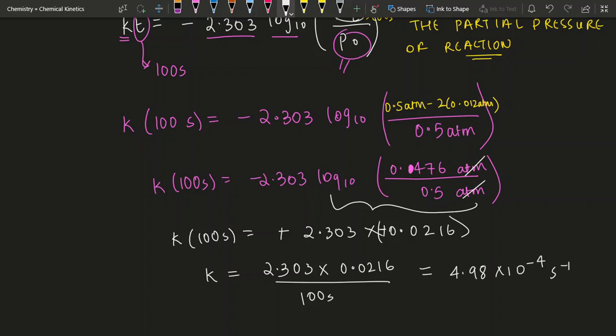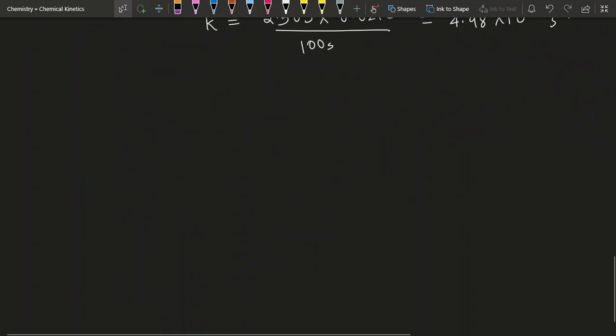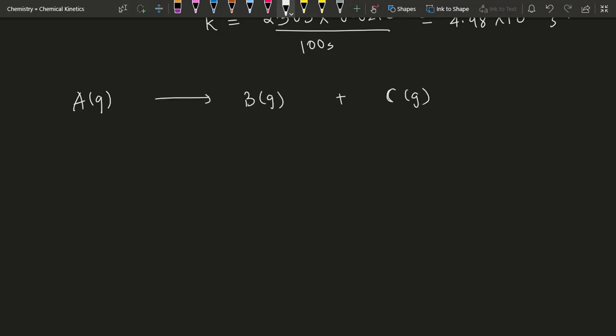And in general, you can apply this strategy to any general reaction that you have at hand. So if you have a reaction, A gas going to B gas plus C gas, let's develop some strategy for a general reaction. Initially, let the pressure be pi atm.